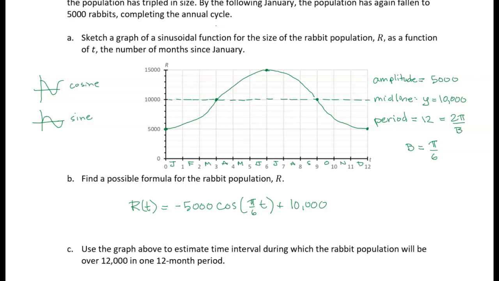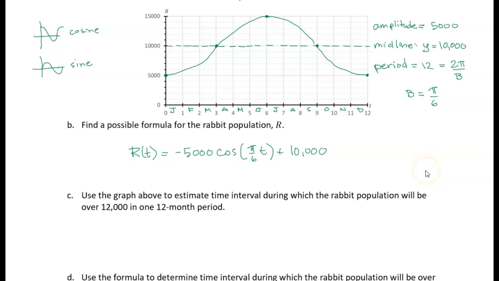Cosine of pi is minus 1, right? And so minus 1 times minus 5,000 is a positive 5,000, and then we add 10,000 and you get the 15,000. So just like you'd expect. So it's checking out. I feel confident now that my function is what I want it to be.